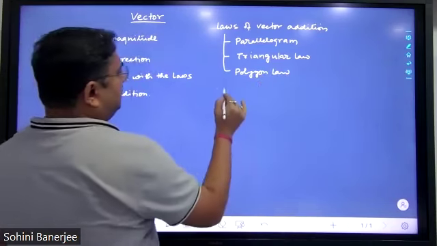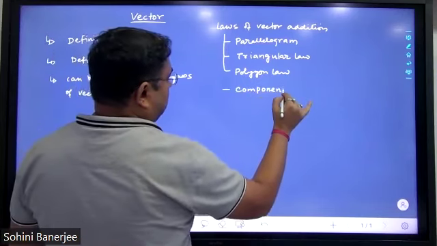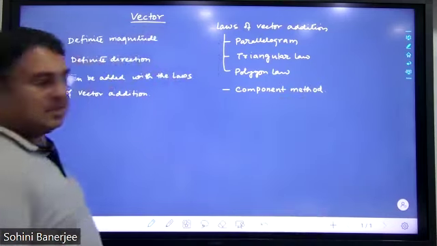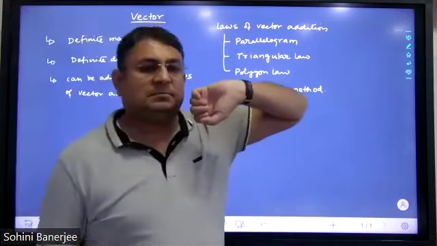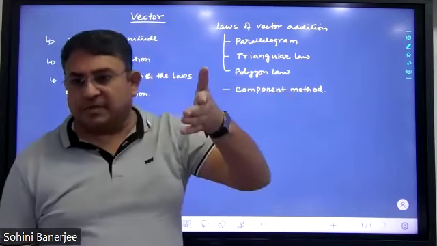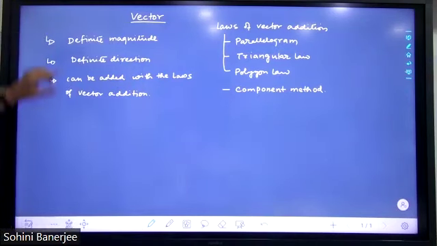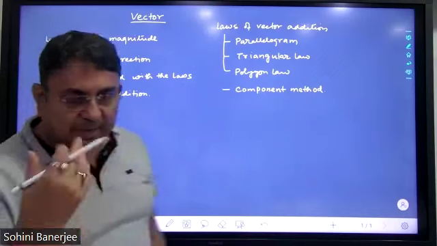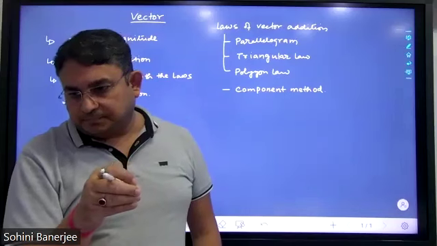These are the laws, and apart from this, we have one method called the component method of vector addition. So by these principles and the component method, we can add vector quantities. So when we say vector quantity, that is definite magnitude and direction, obviously. Apart from that, they can be added with the laws of vector addition, means you can apply the law of addition principle to add them. Clear?